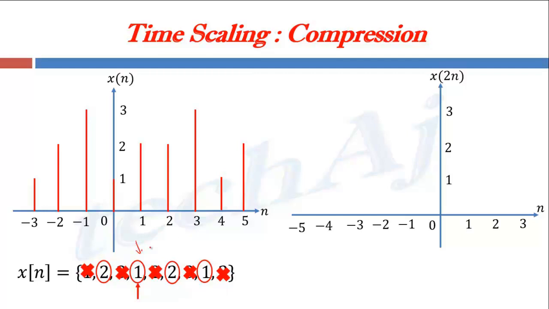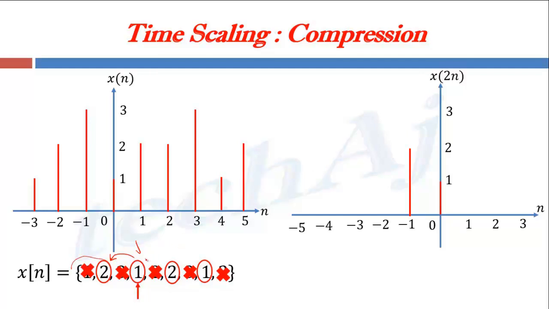So if you draw the signal x of 2n, the 0th element has the amplitude 1. So at n equals 0, we'll get the sample of amplitude 1. Toward the left, the first sample is of amplitude 2. Then there is no other sample toward the left. So this is the only sample toward the left.